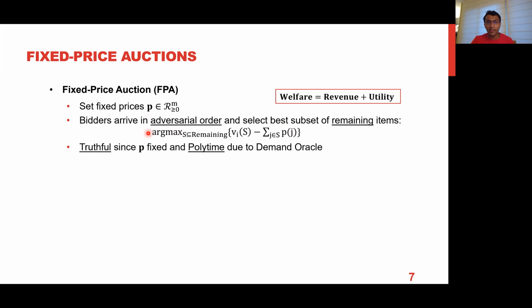There's no point in the bidder misreporting or trying to be clever, because they cannot really change the prices. And also, this is polytime simply because the demand oracle, which I had defined on the second slide, is basically exactly this query. The demand oracle allows us, using a single query, to answer the question of what the argmax of this is.